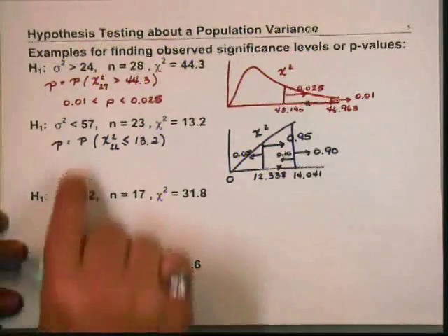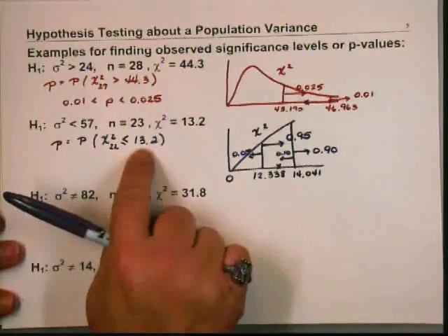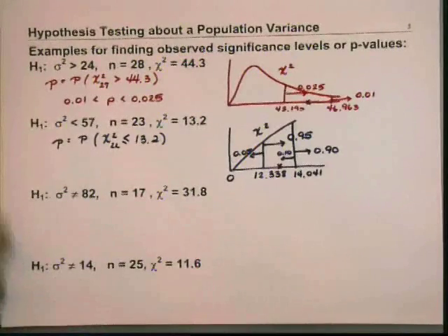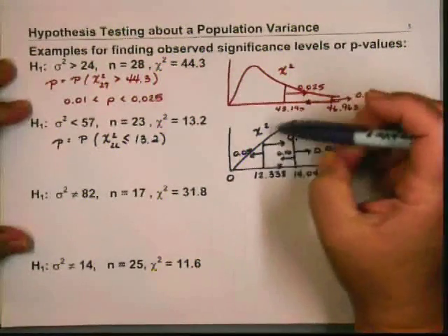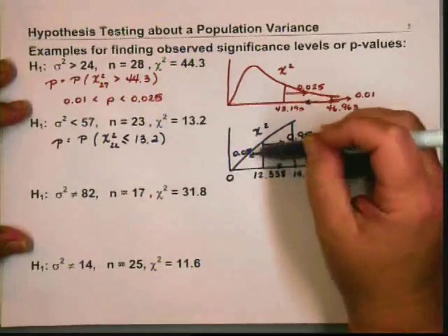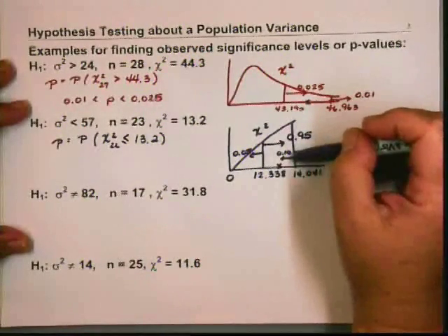So we want the left area associated with 13.2. Pardon me, 13.2, our x here, has a left area bigger than 0.05 but smaller than 0.1.